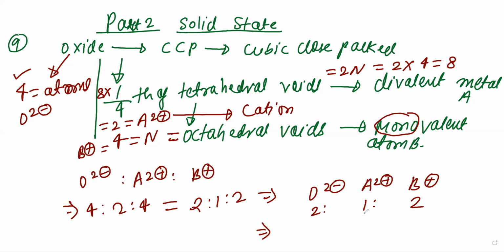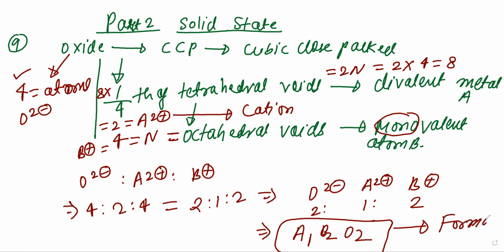Tell me. 2, 4, 2, right? So it will be A1, B2 and O2. This will be the general formula of the given compound, in the form of oxide.